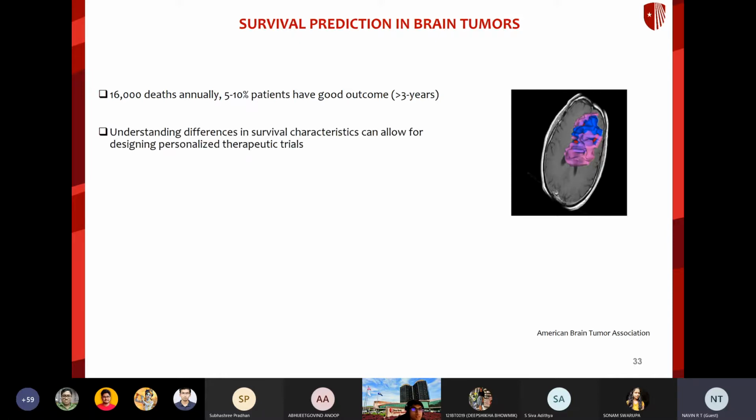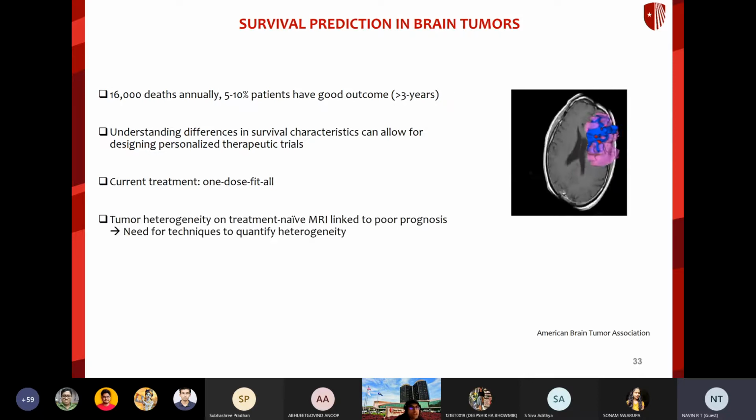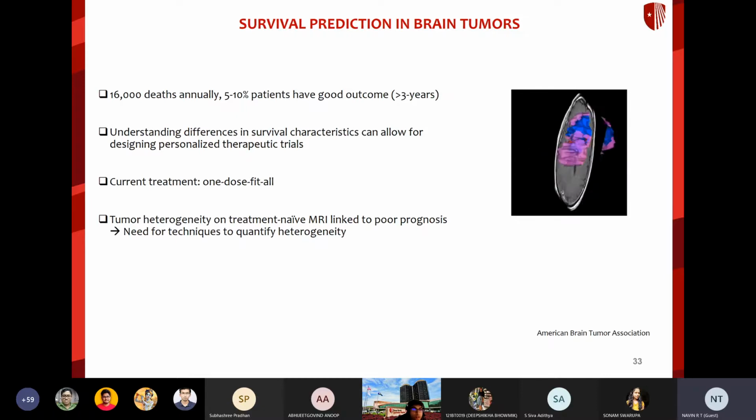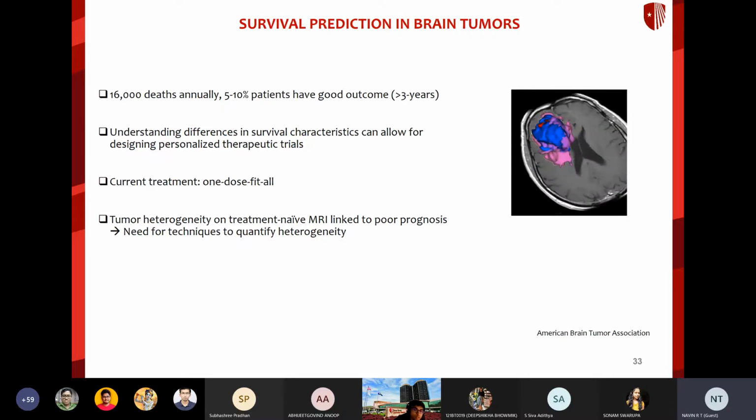So understanding differences in survival characteristics can allow for designing personalized therapeutic trials. The current treatment approach is a one-dose-fits-all approach. Tumor heterogeneity on treatment-naive MRI has been linked to poor prognosis. Therefore, there's an unmet need to develop techniques to quantify this heterogeneity.